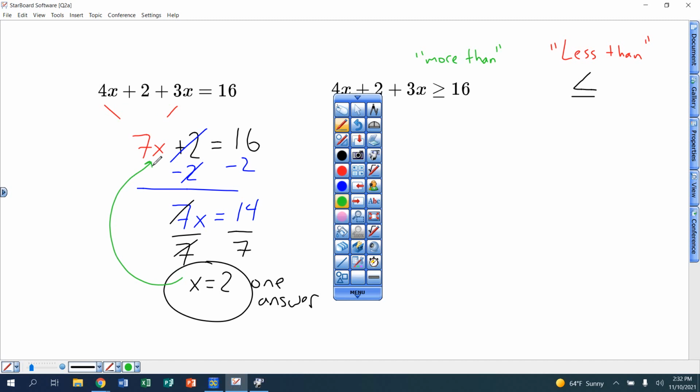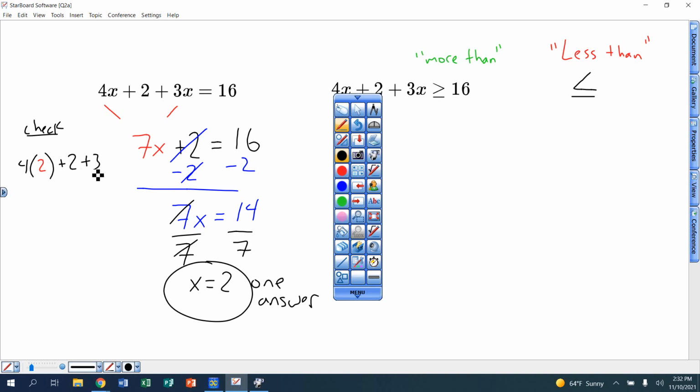No matter what you plug it into, either the original or after you've combined like terms, that answer should give you a true statement. If I could have you write this check for me, I'm going to have you check to see if that really is the answer.